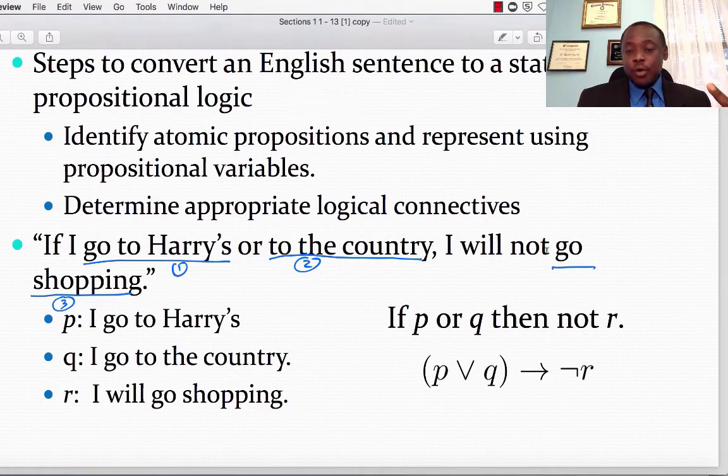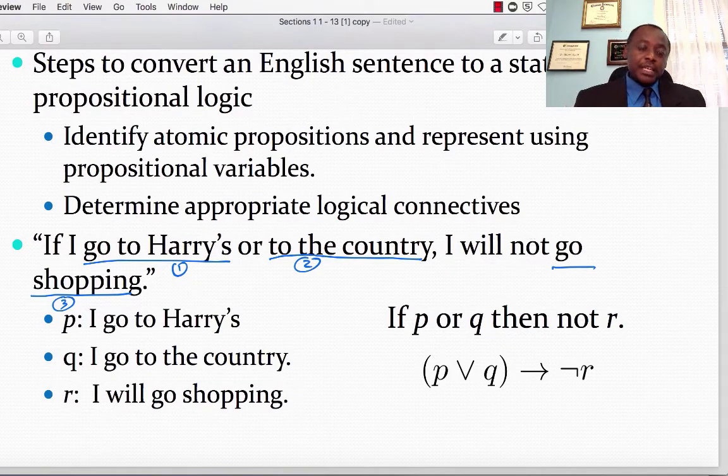You do not have to worry about the word not, because that simply negates whatever the statement is. And observe the presence of the comma. That means the first two atomic propositions are together. If I go to Harris or if I go to the country, so that will be parentheses, then I will not go shopping. That is if, then.